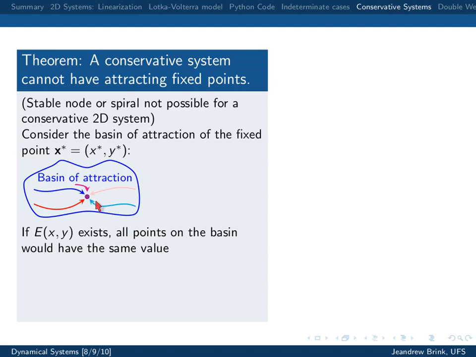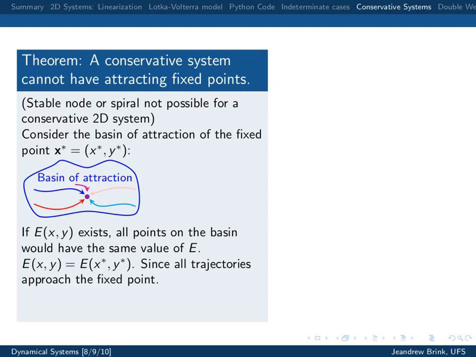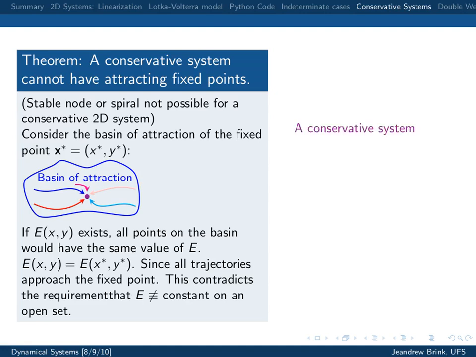So basically, if E exists, its definition implies that it is constant over this finite area, which is a contradiction of what E is. Okay, so all points on the basin will have the same value of E. Basically, E of x,y is equal to E at the fixed point. And since all trajectories approach the fixed point, this contradicts the requirement that E is not constant on a finite area or on an open set, and therefore the fixed point is not possible.